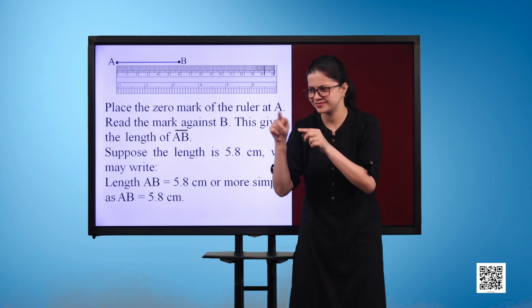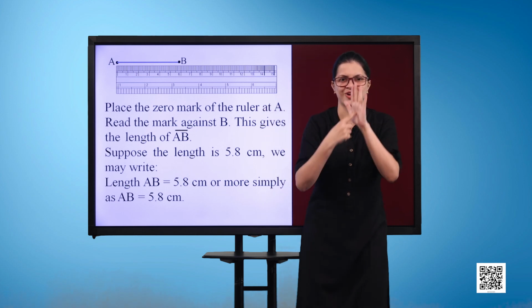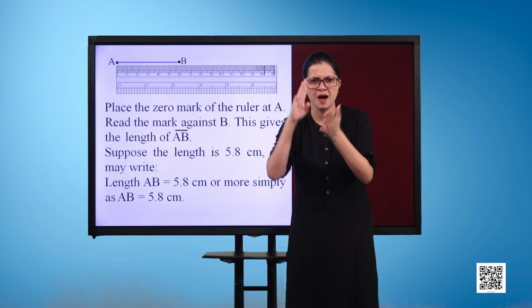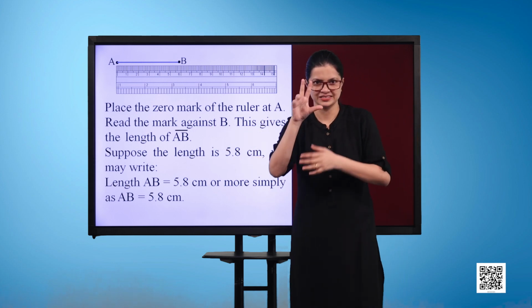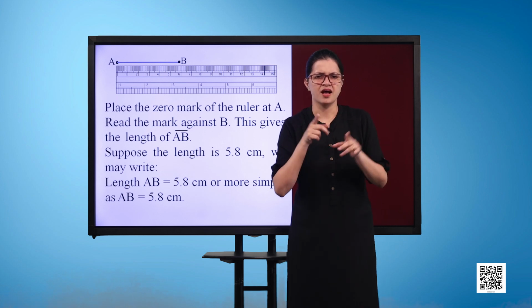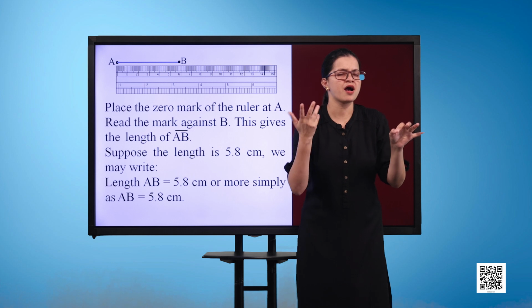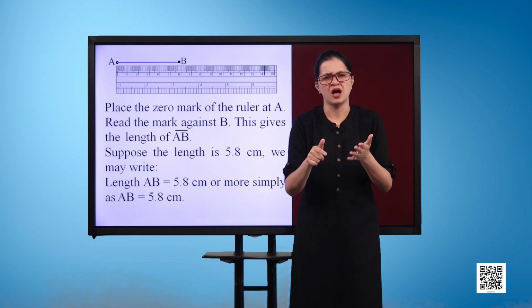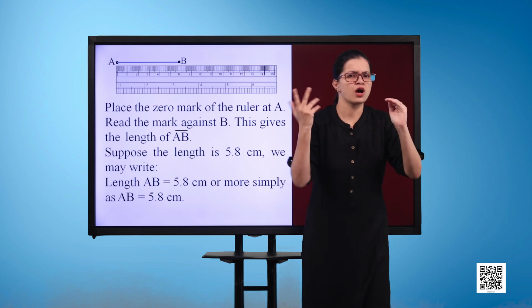Suppose the length is 5.8 centimeters. We may write length AB is equal to 5.8 centimeters, or more simply as AB is equal to 5.8 centimeters.